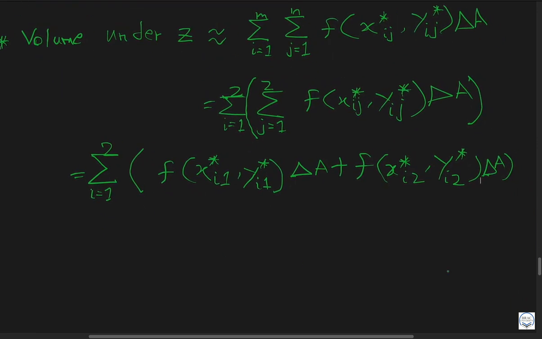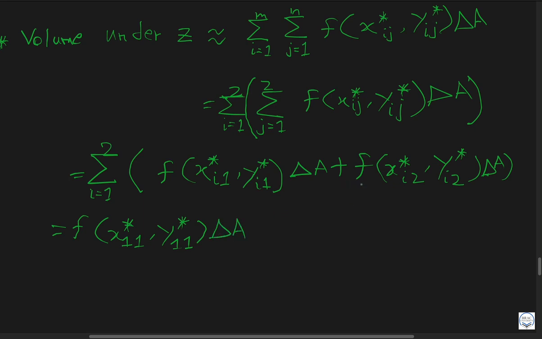We increase the value of j by 1. So now we have x star i, j is 2, y star. Delta A remains.